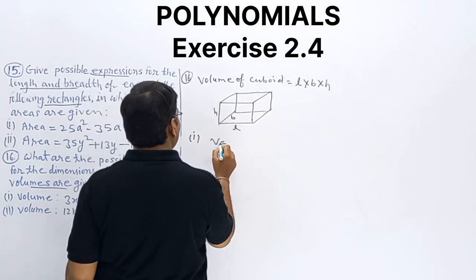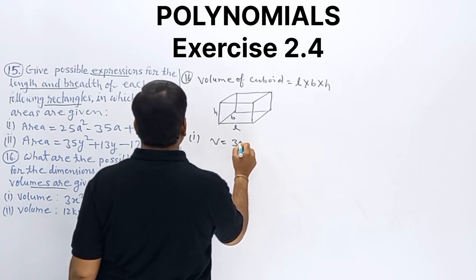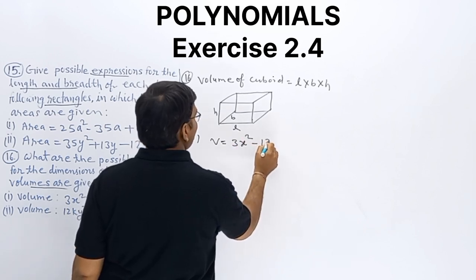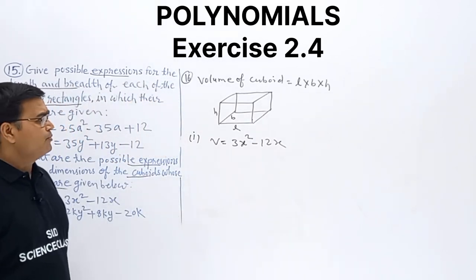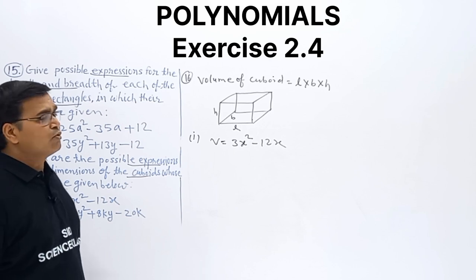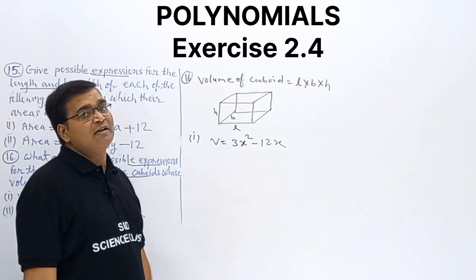So question number 1: volume of cuboid is 3x square minus 12x. It is a quadratic form. Clear? Quadratic polynomial, quadratic expression. So how will we find its factors? Same process, we will find factors only.